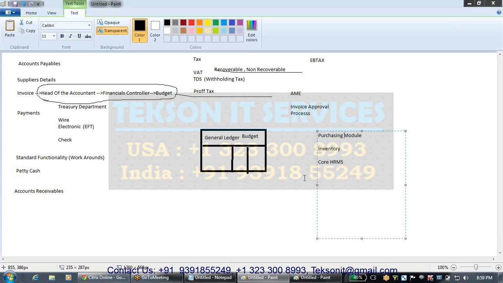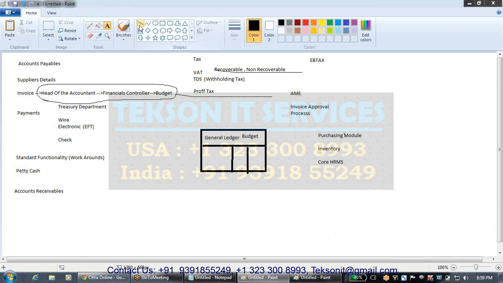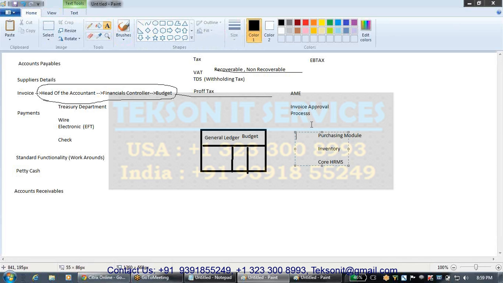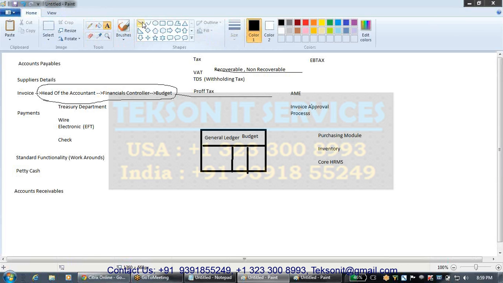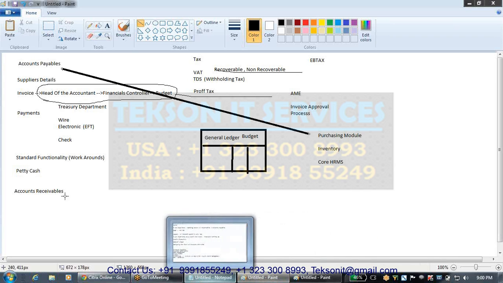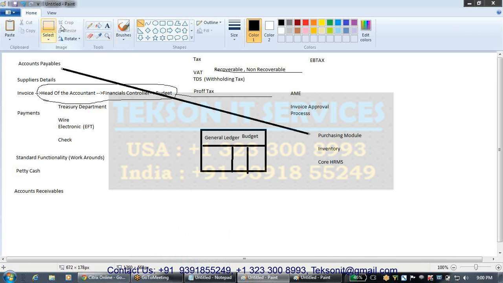Once the purchase order has been raised, the purchase order invoice will be matched in the accounts. So cancellation of the purchase order, all these concepts you will learn, even the configuration of the purchasing.